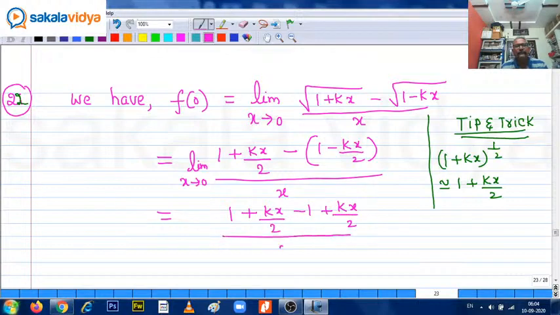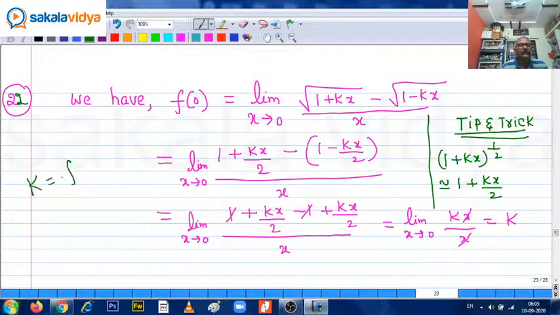So plus 1 minus 1 cancel. kx by 2 plus kx by 2 is 2kx by 2, that will be kx. So limit x tends to 0 of kx upon x, x cancels. Limit of a constant is constant.